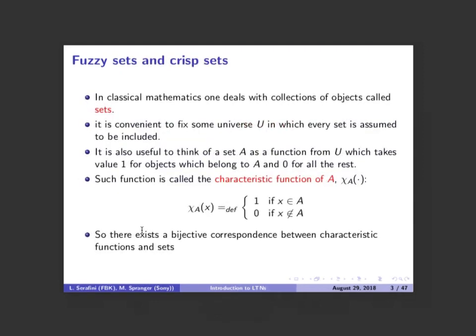So I'll briefly again just mention the standard stuff that we would deal with: collections of objects, fix a universe, and have a characteristic function that basically defines whether an object is a member of the set or not, in a kind of crisp sense.